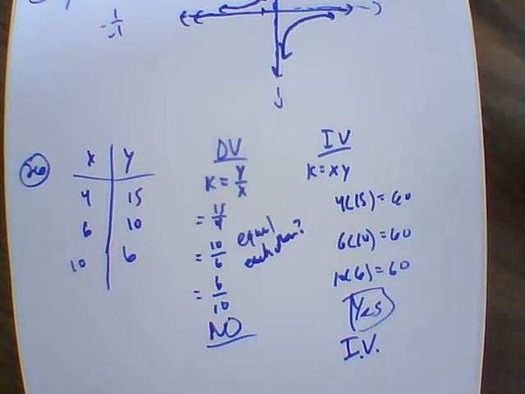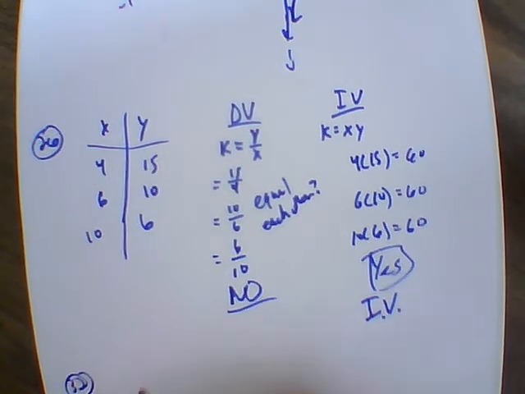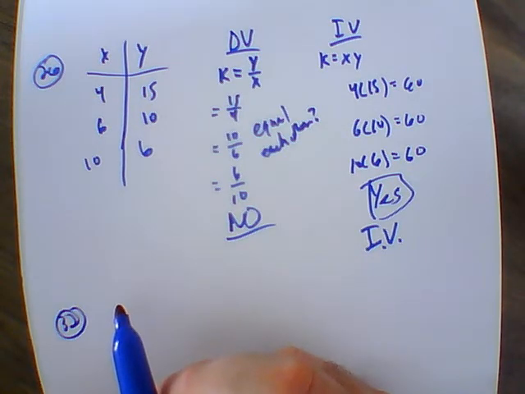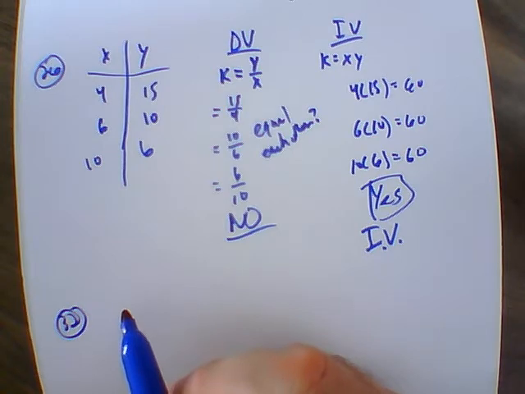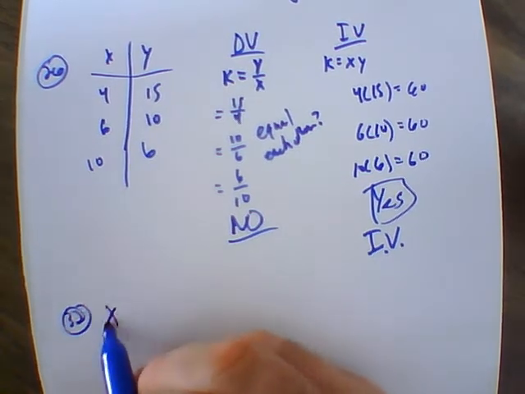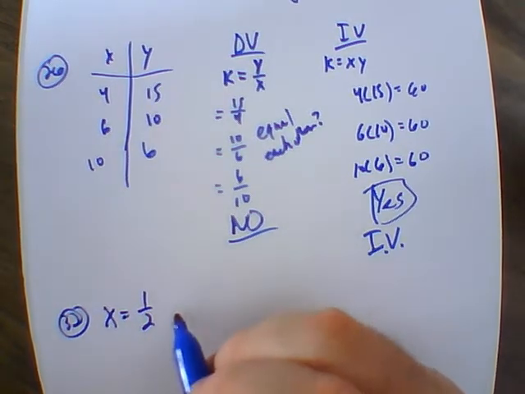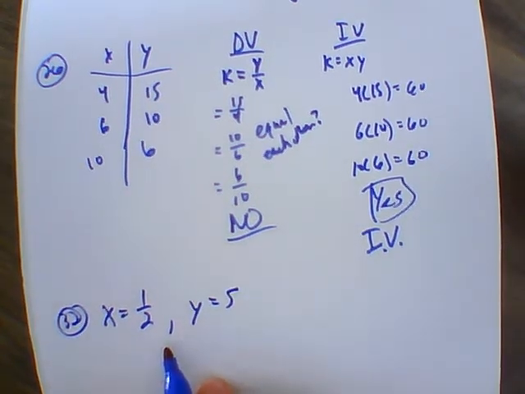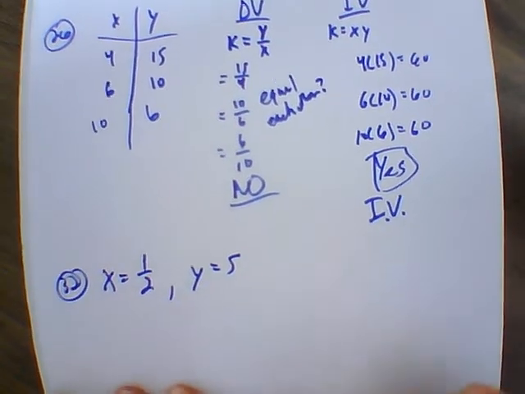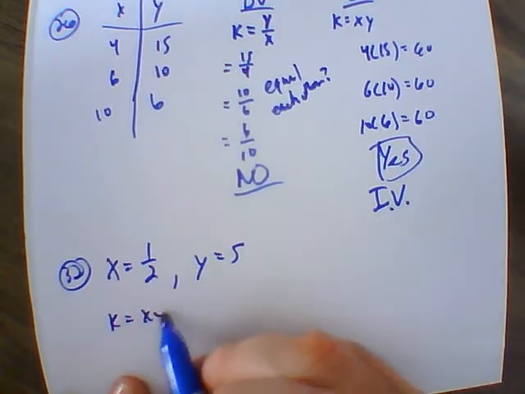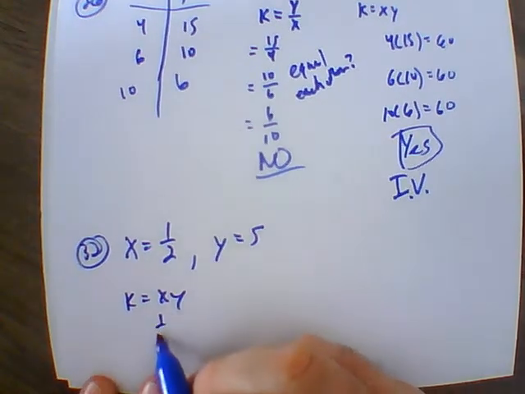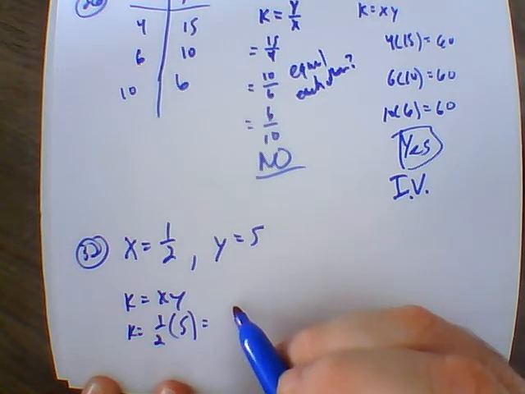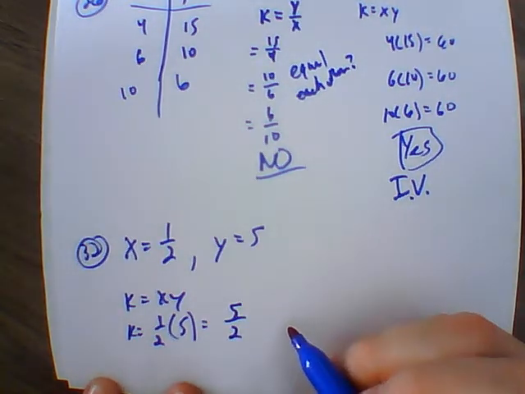Looking at another example, number 32 says suppose y varies inversely with x. We want to find the constant of variation k and then write the equation. They say x equals 1/2, y equals 5. First, we want to find k. Remember, k equals x times y, so k equals 1/2 times 5, which is 5/2.